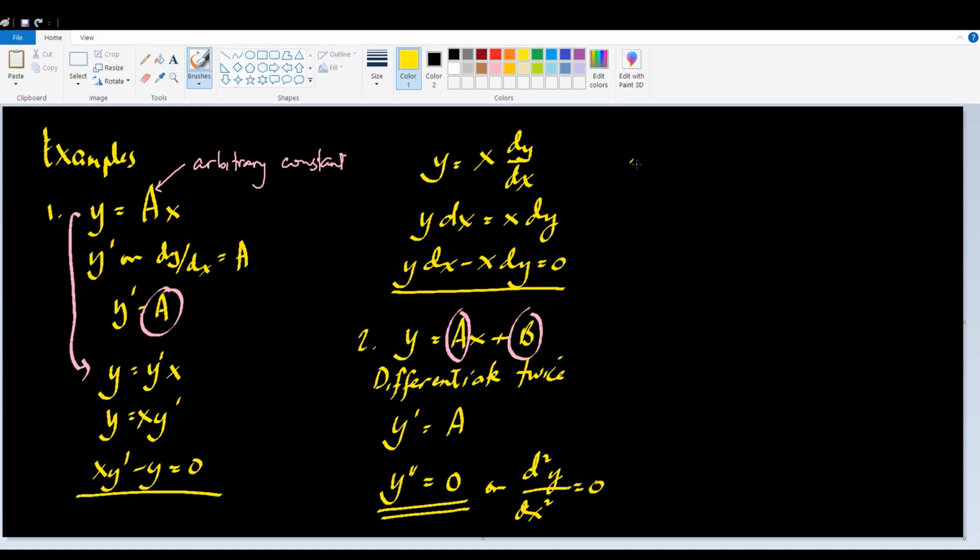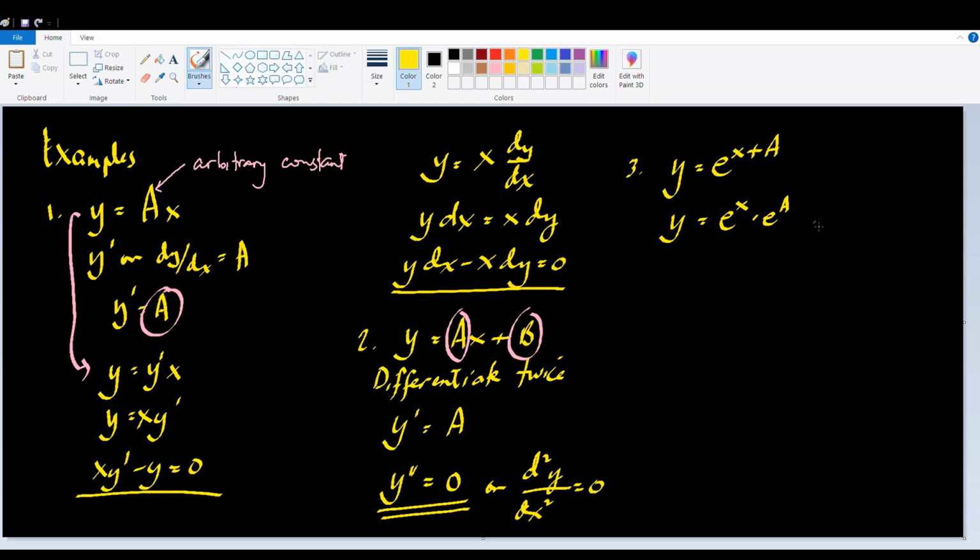For our third example, we are given y equal to e raised to x plus a. What we do first is rewrite this as y equal to e raised to x times e raised to a. e raised to x plus a is the same as the product of the exponentials e to the x and e to the a.